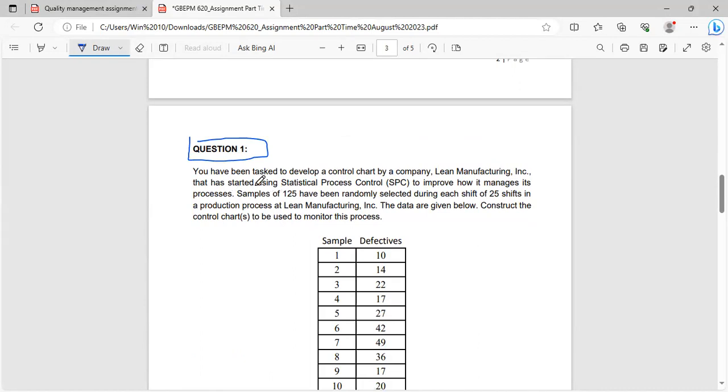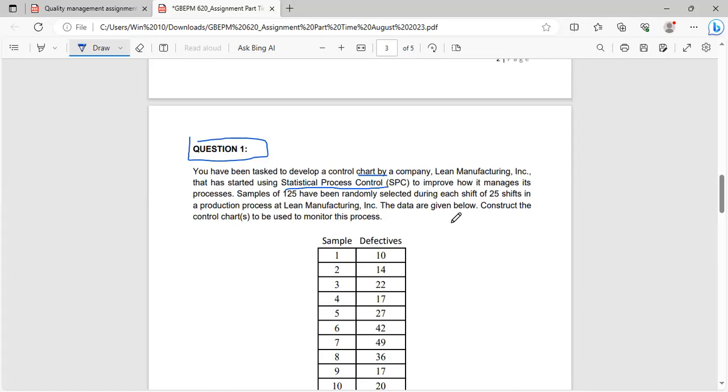Question one says you have been tasked to develop a control chart by a company, Lean Manufacturing, that has started using statistical process control to improve how it manages its processes. Samples of 125 have been randomly selected during each of 25 shifts in the production process at Lean Manufacturing.